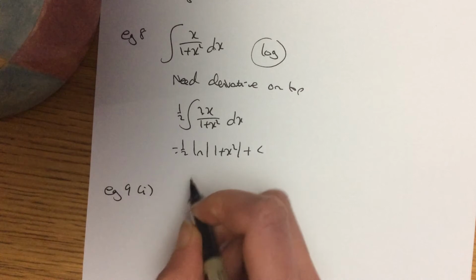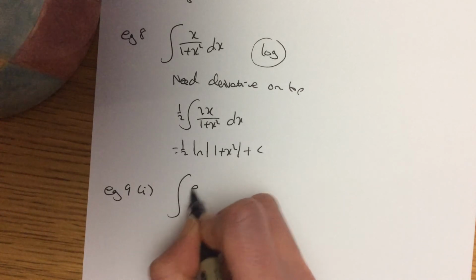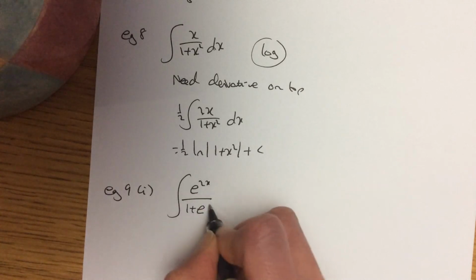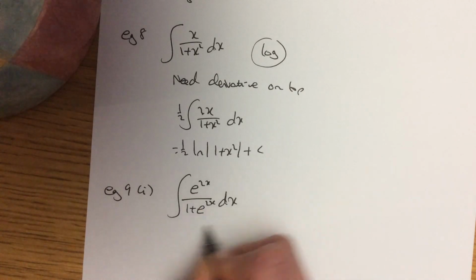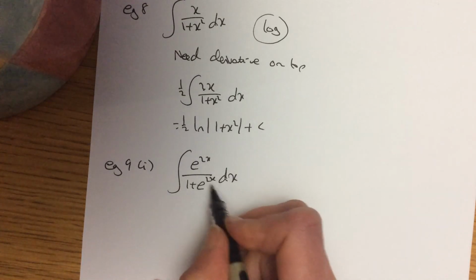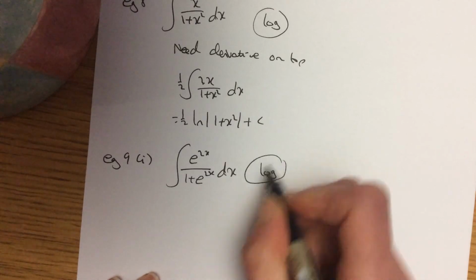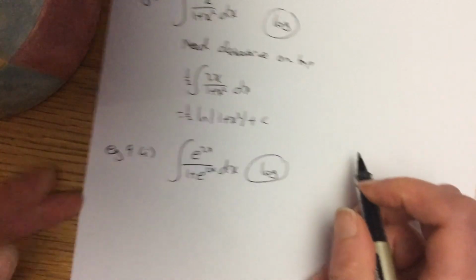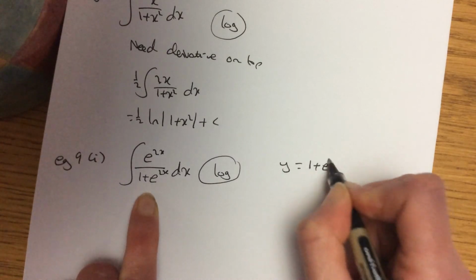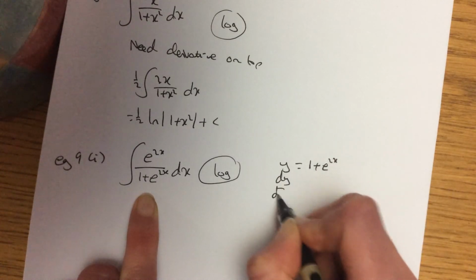Let's see what's going on in this one. So it's e to 2x, dx. These are tricky. It's one of these ones, I've got an x function at the bottom. It's not a bracket. So I need the derivative of the bottom on the top because it's a log type one. Right, what is the derivative of that? If you're ever finding it hard, just go over to the side and differentiate it.